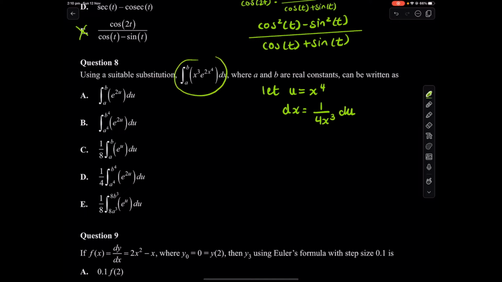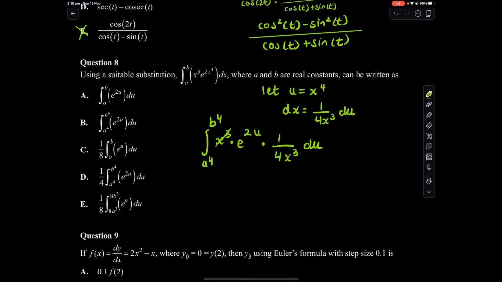Okay, so let's rewrite this whole expression. So this will be the integral. Well, a is what? If you sub in a here, it'll just be a to the power 4. If you sub in b, it should be b to the power 4. x to the power of 3 multiplied by e to u, and dx we know is this, so multiplied by 1 over 4x to the power 3 du.